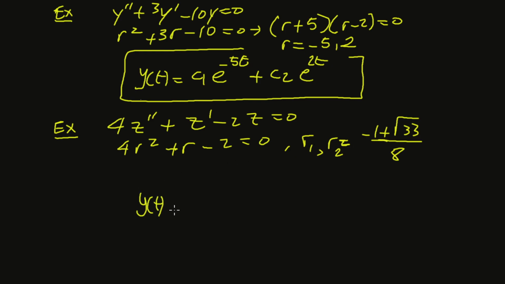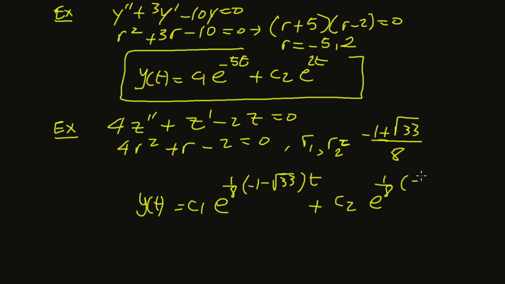That means the general solution is C1 e to, let's say one of them, let's say this one, times t plus C2 e to, let's say, the second one. Okay.